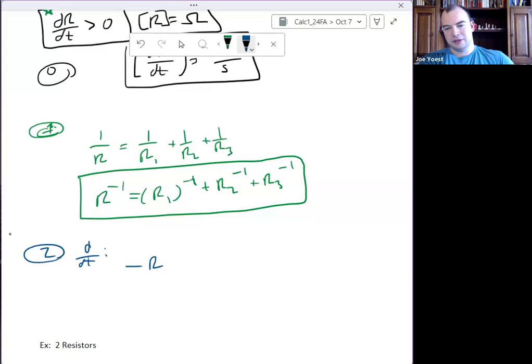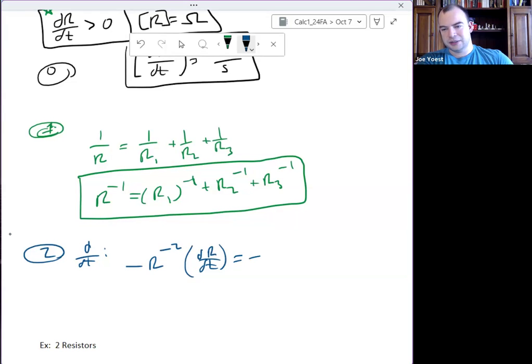So I have negative R^-2 times R prime. Let me actually write that as dR/dt. I know it's a little longer, but since we already have exponents floating around, I don't want that prime to look like a 1. That's one of those bookkeeping things: if a prime looks like a 1, I might make a goofy algebra mistake.